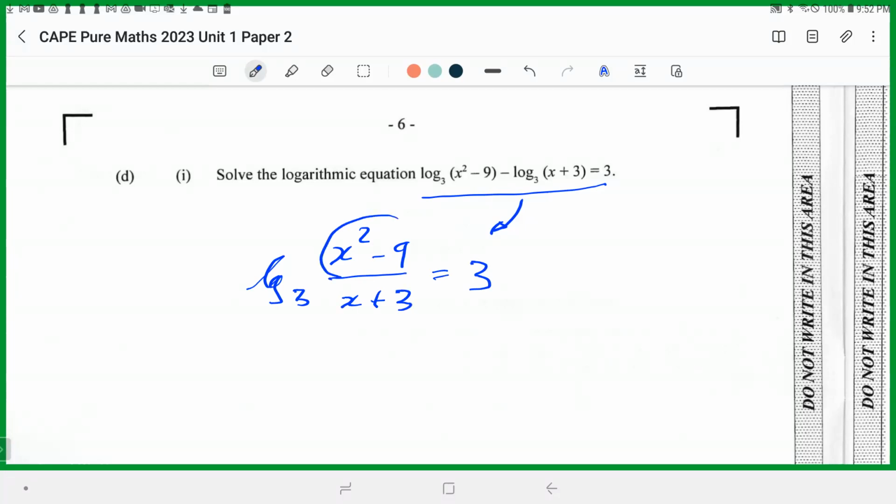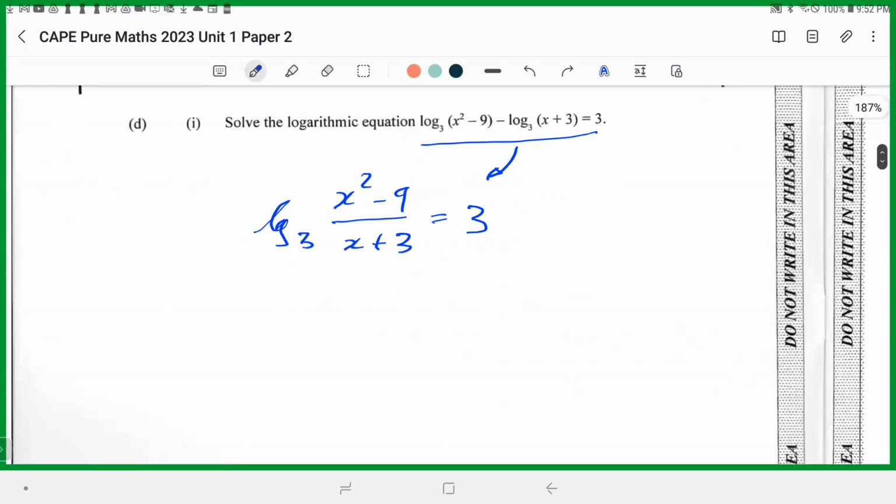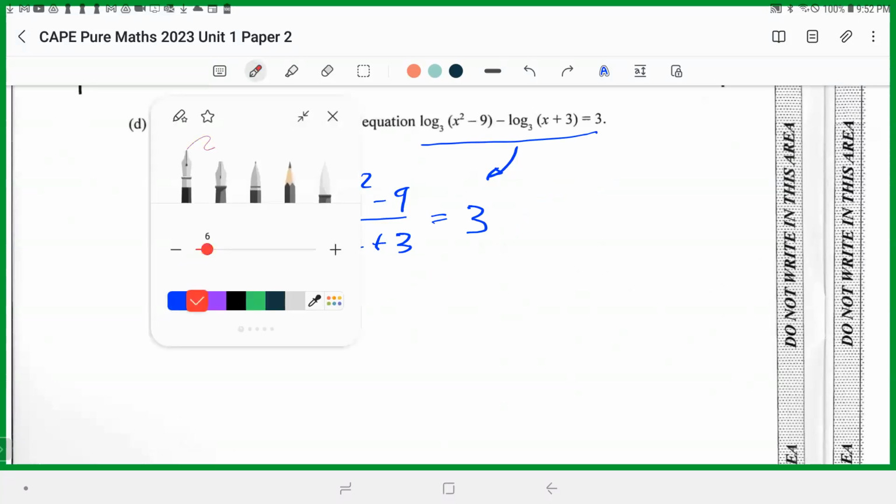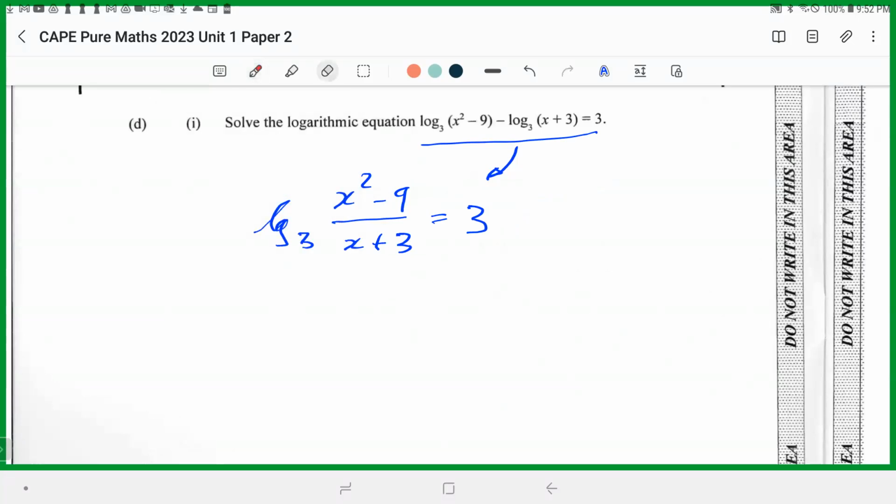Right? And then this up here now is the difference of 2 squares. And it also means that this becomes a power. Using the laws of logs, I'm going to write it over from logs to indices. Log of a number to a base is equal to a power. This implies that the number is equal to the base raised to the power.